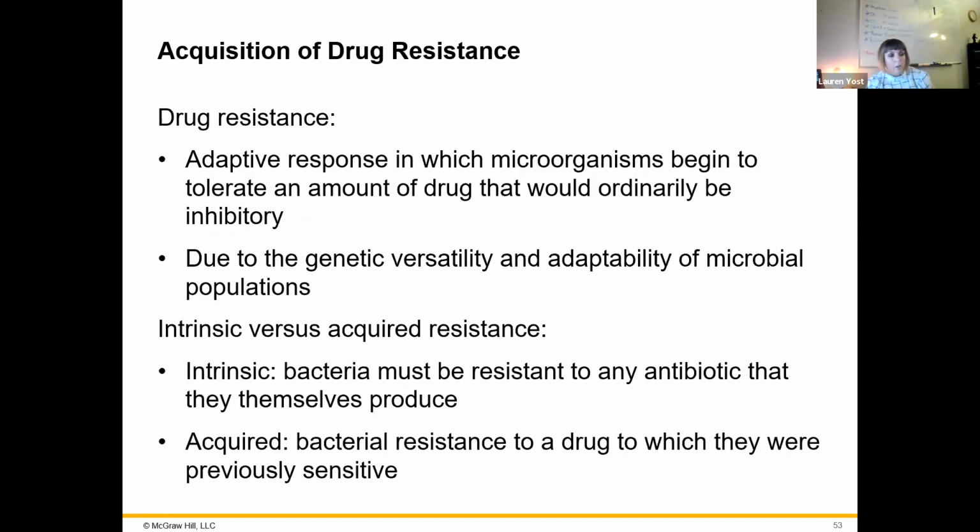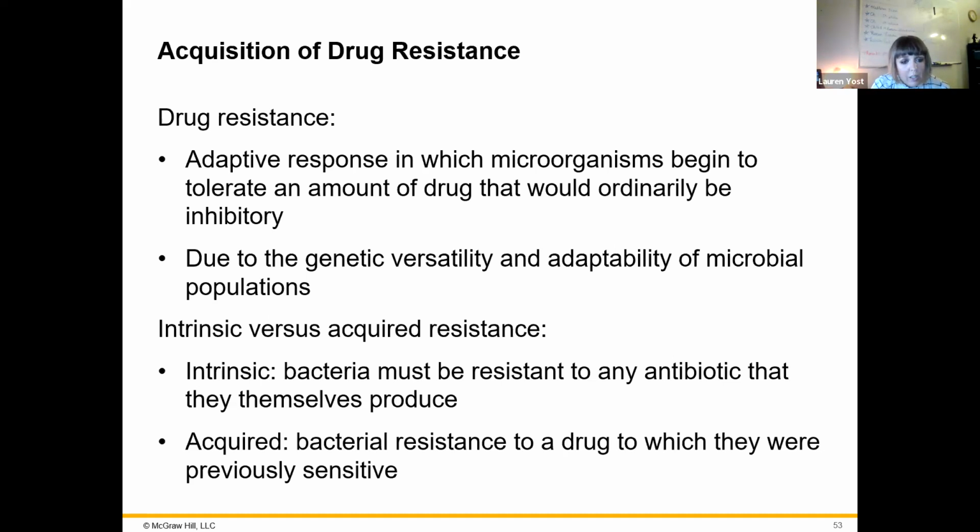All right, so drug resistance, how does that develop? It's usually an adaptive response for microorganisms. They can tolerate a small amount of drug that would typically be inhibitory. So any sort of genetic mutation could potentially cause that if it's in the right place, right? So this is usually a genetic versatility and adaptability of microbial populations in general. They just multiply so fast that eventually there is likely to be some sort of a mutation that will be advantageous in that way.